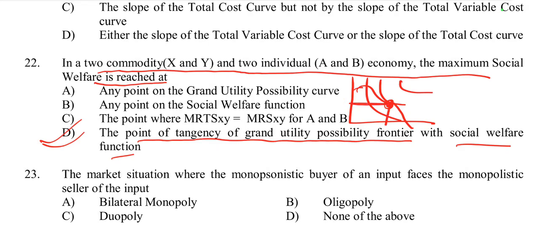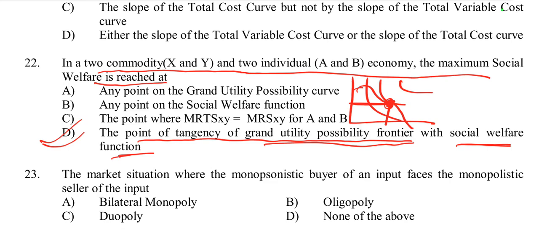When the grand utility possibility frontier and social welfare function are tangent, it is called the maximum social welfare reached. So option D is right here, because this point represents the maximum social welfare, as it reflects the optimal allocation of resources between the individuals while maximizing overall utility.